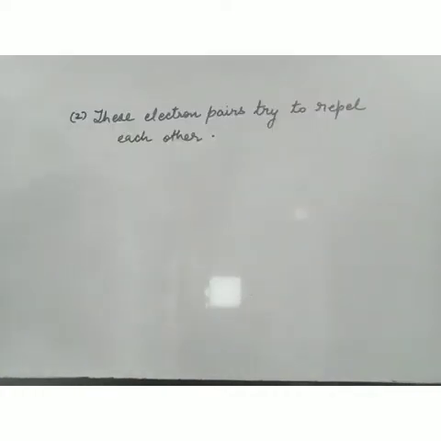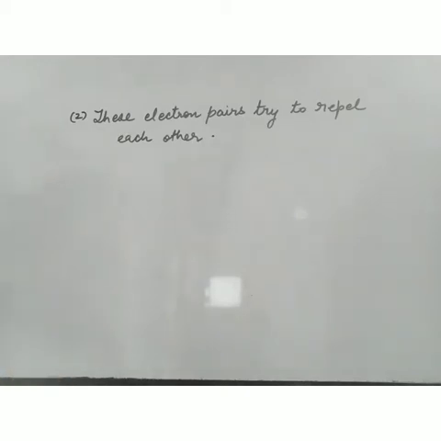The second point says that the electron pairs surrounding the central atom, whether they are bond pairs or lone pairs, try to repel each other. Why? Because the electrons are negatively charged.